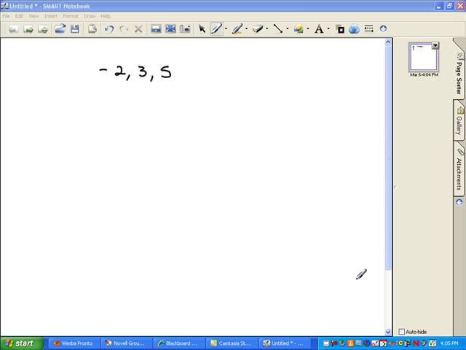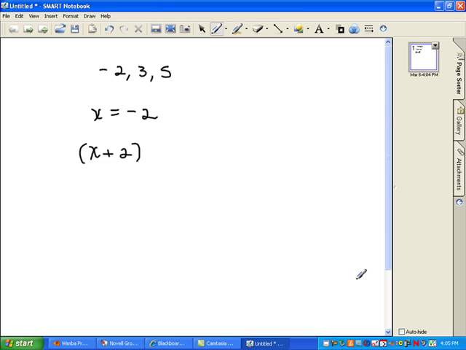If we have x equals -2, if we bring the -2 back over to the x, we get a plus 2. So x plus 2 is the factor that this zero came from. If we're using the zero of 3, we have a factor of x minus 3. It's just the opposite. And for the 5, we have x minus 5.